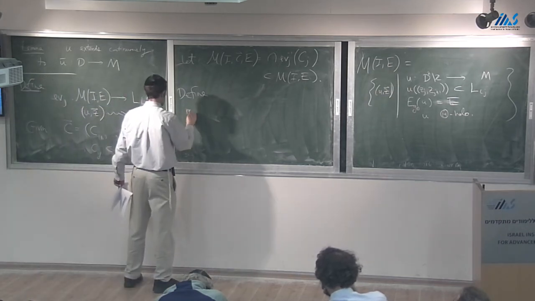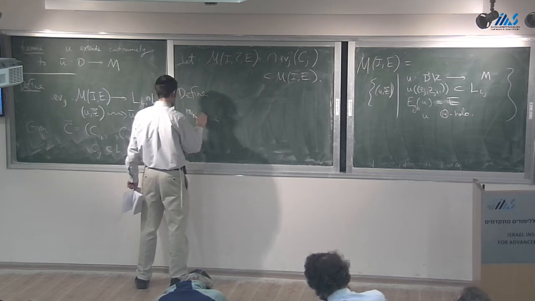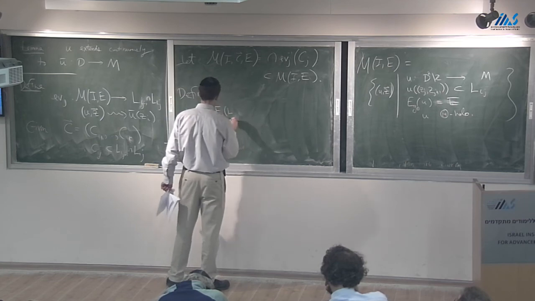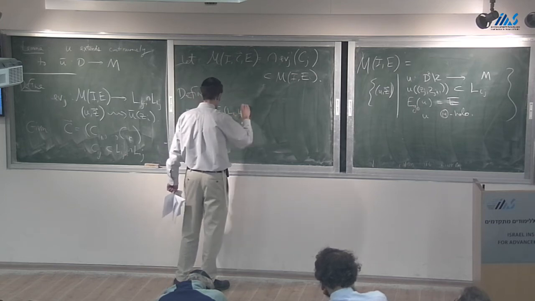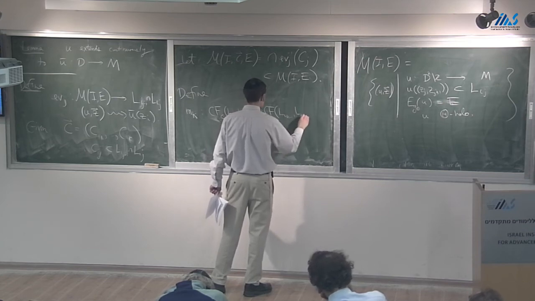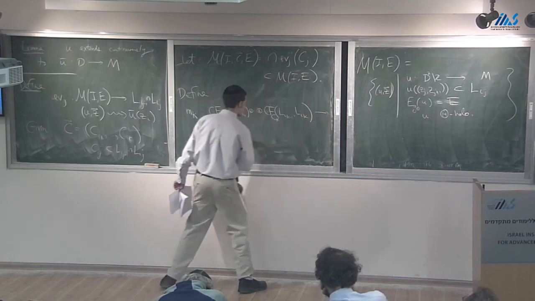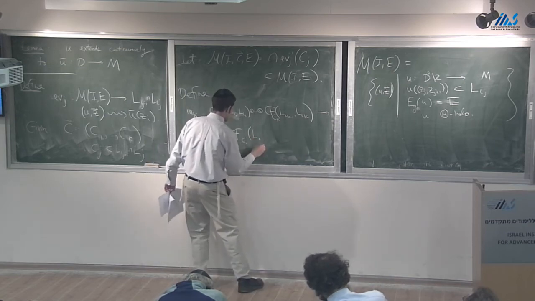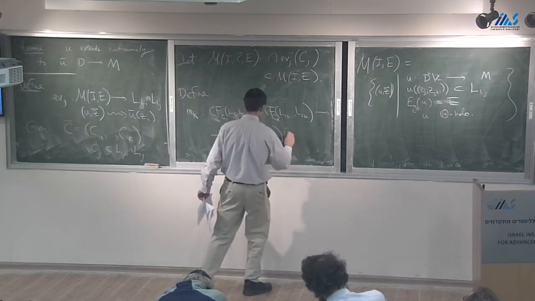Define m_k, right, m_k from CF(L_{i_0}, L_{i_1}) tensor up to CF(L_{i_{k-1}}, L_{i_k}), and here is going to be C_k, and this one is going to take CF(C_0, L_{i_0}, L_{i_k}) shifted by 2 minus k.